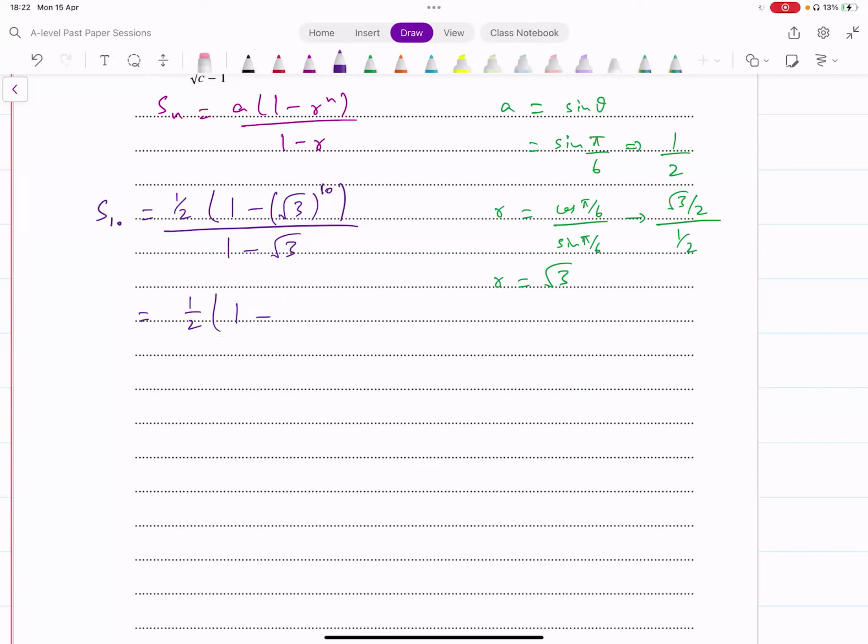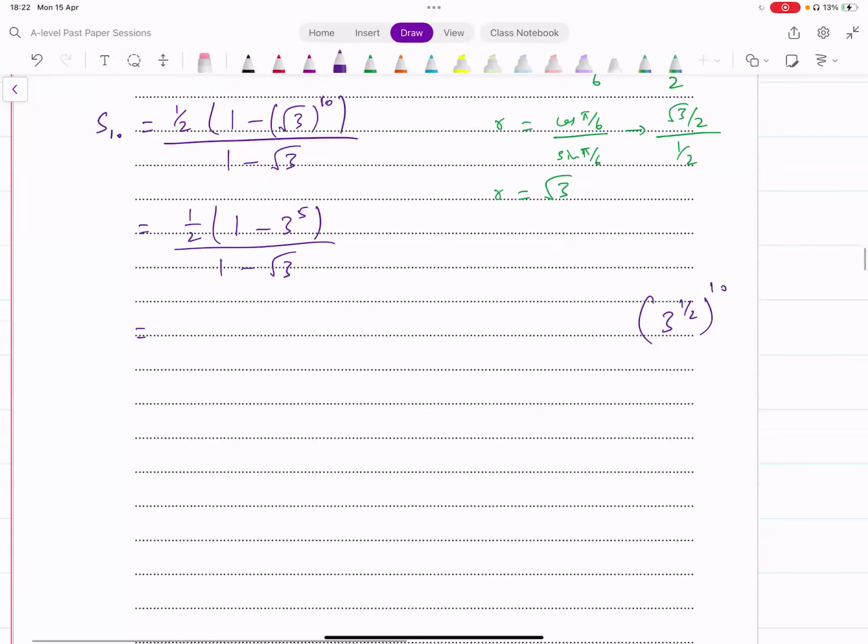Under root 3 is basically 3 raised to power 1/2. Then you have whole raised to power 10. What does that become? 10 into 1/2, that's 5. So you have 1 minus 3 raised to power 5 here. Make sense? This part becomes 3 raised to power 5. In the denominator, you've got 1 minus under root 3. Now you can simplify the numerator. 3 raised to power 5. What's that?